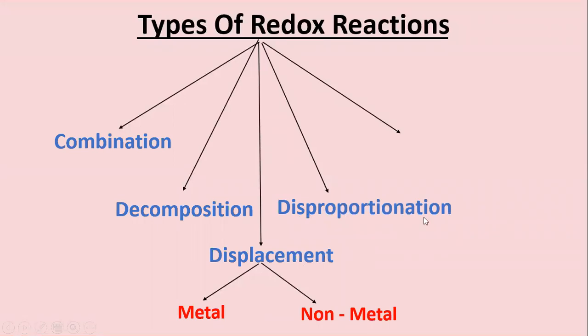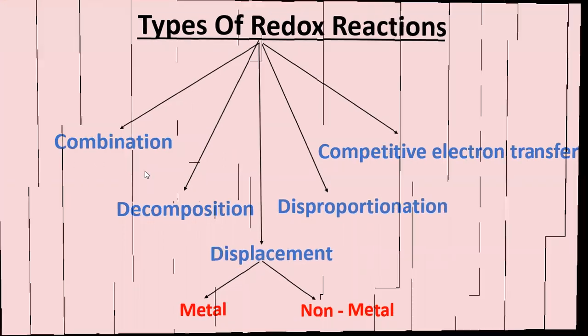Then the proportionation reaction, and last will be the competitive electron transfer reaction. So totally this redox reaction will be classified into 5 types. Only displacement is further classified into 2 categories, metal displacement and non-metal displacement. So now let us see each and every type in brief.